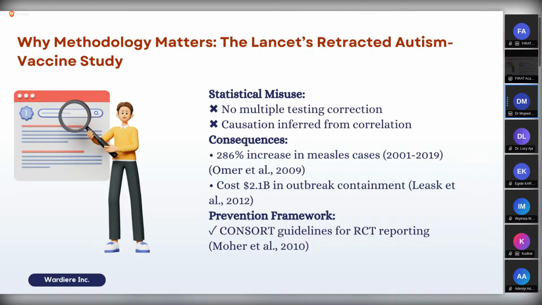You can only infer causation from measures of effect if it was a randomized control trial. And the consequences are a 286% increase in measles cases from 2001 to 2019. Then the cost was 2.1 billion USD in measles outbreak containment.